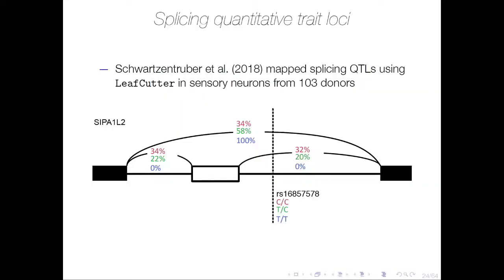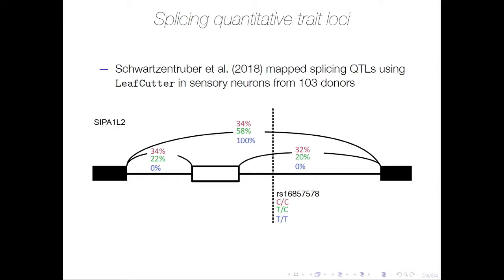So I'm showing an example here from a paper from Dan Gaffney's group at the Wellcome Trust Sanger Institute in the UK, where they used leafcutter to look for associations between genotype and splicing outcomes in iPSC-derived sensory neurons from just over 100 donors. This is one example where they found that this single nucleotide polymorphism, so this is a position in the genome where there's a difference between different individuals, is associated with splicing outcomes in the CYP1L2 gene.